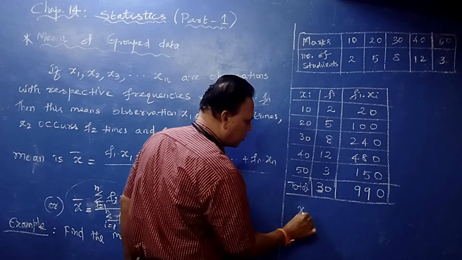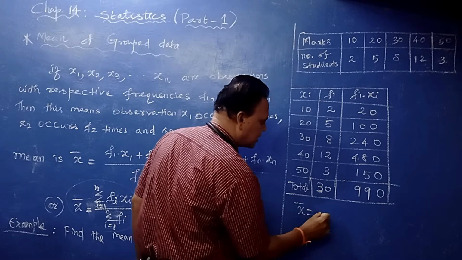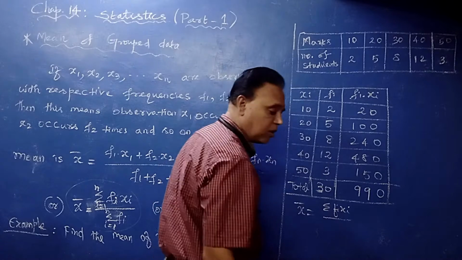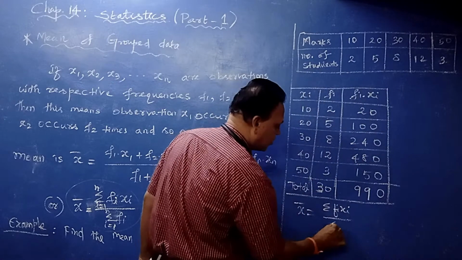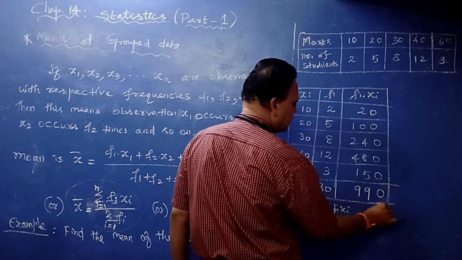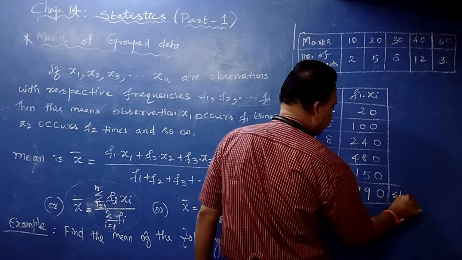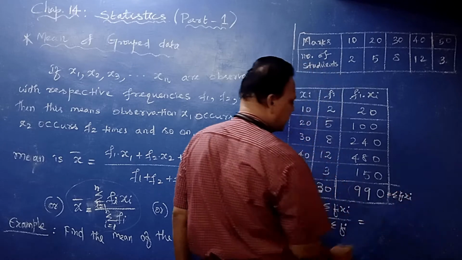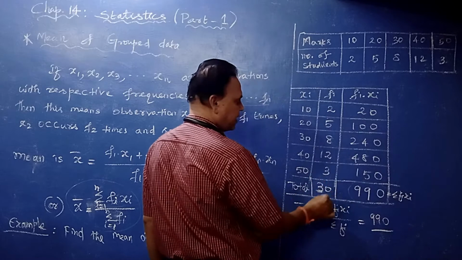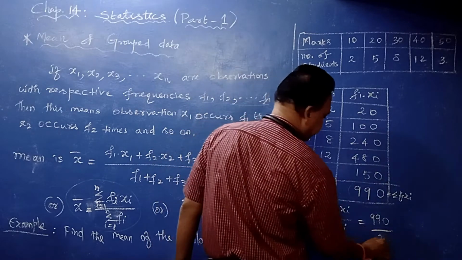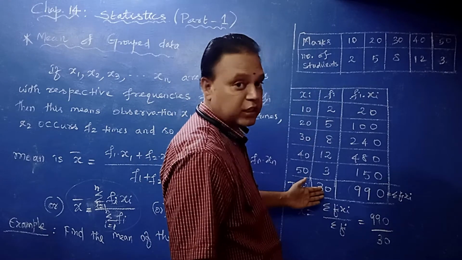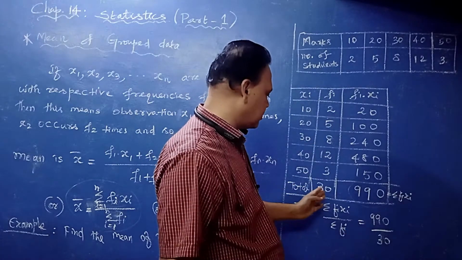Now x bar equal to, write the formula: x bar equals sigma fi into xi by sigma fi. This is only sigma fi into xi, so 990. This one, sigma fi, is 30. The total of all fi is sigma fi. Sigma means total.